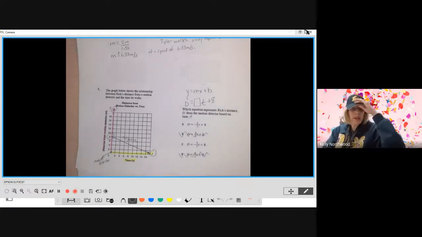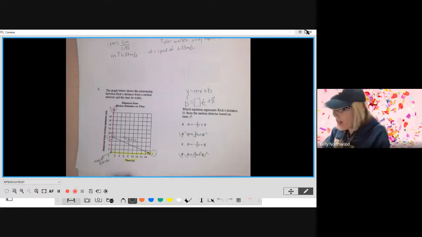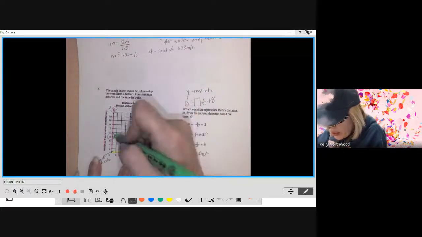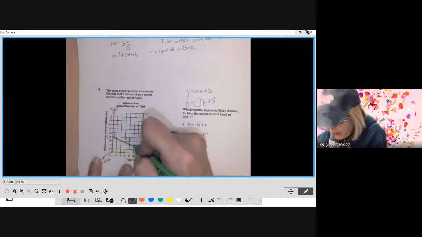So we have to figure out our slope, so we can draw in a rate triangle. It looks like it touches right there, but I know it touches here, so I'm going to make my rate triangle here.